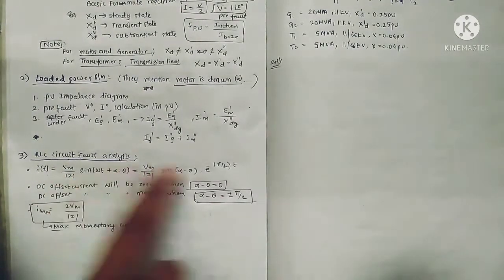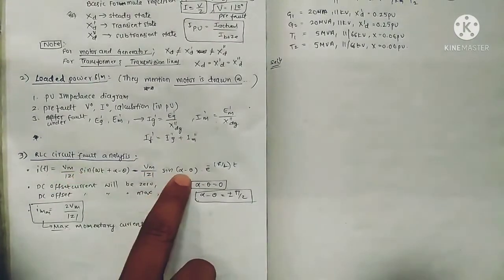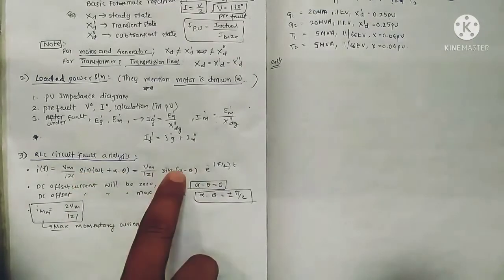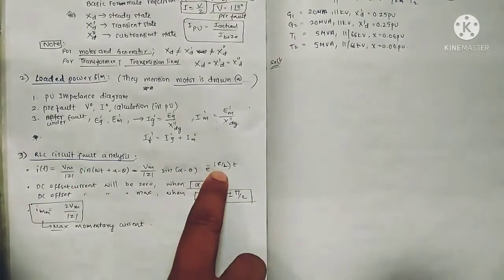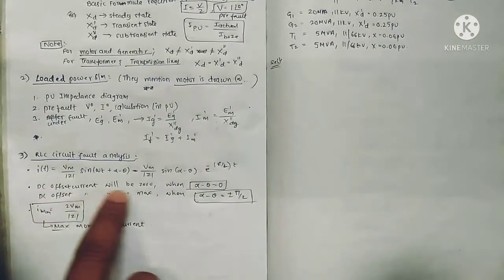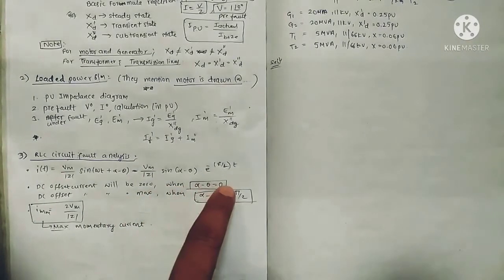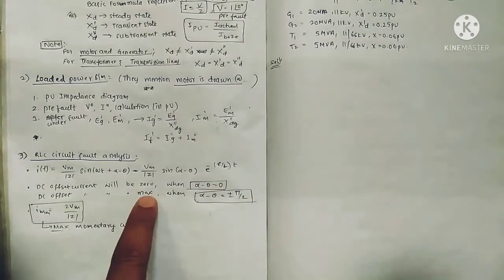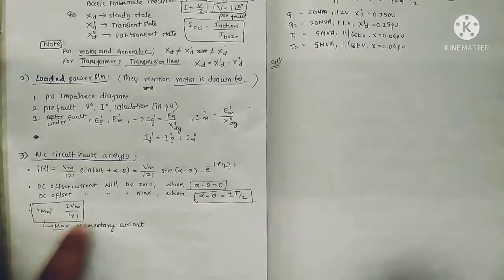Minus a similar term, Vm by magnitude of Z, sin of alpha minus theta, without the omega t, multiplied by the time factor e raised to minus R by L times t. The DC offset current will be 0 when alpha minus theta equals 0. It will be maximum when alpha minus theta equals plus or minus 90 degrees. And the maximum momentary current formula is 2 times Vm divided by magnitude of Z.